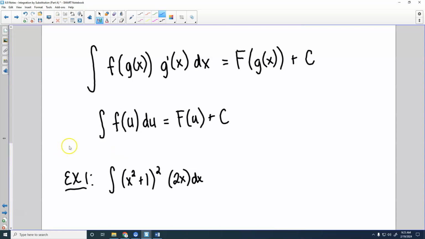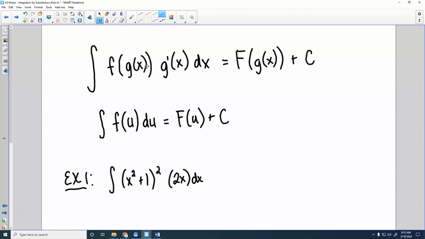All right. Okay, so these two lines right here are just two different ways of writing the same rule. What we'll be looking at here is we're trying to integrate a composite function. So we have f of g of x.